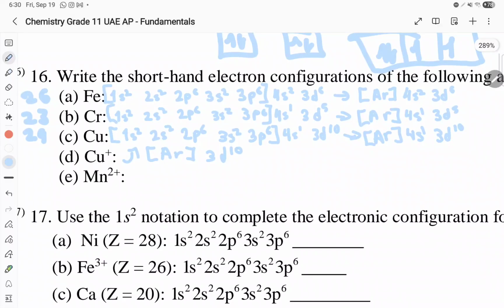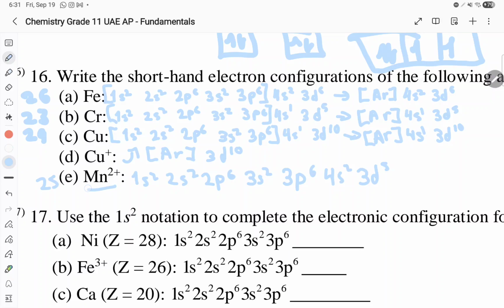Now manganese is missing its 4s2, so it has, what's it called? Manganese has 3d5, so it's 25. So we're going to write 1s2, 2s2, 2p6, 3s2, 3p6, 4s1 3d5. 4s2, my bad. 4s2 3d5.